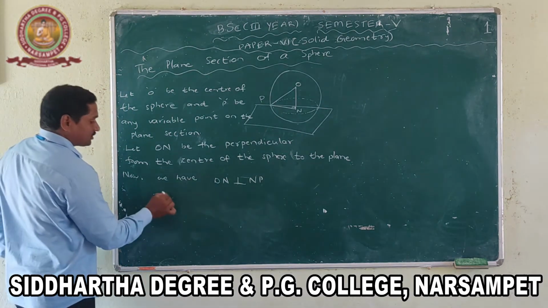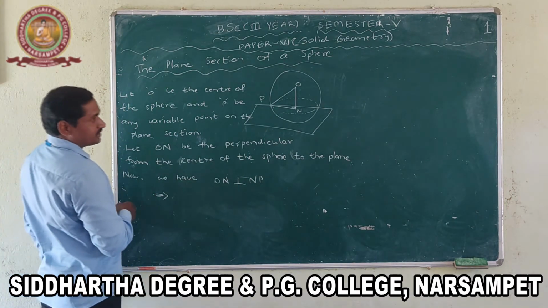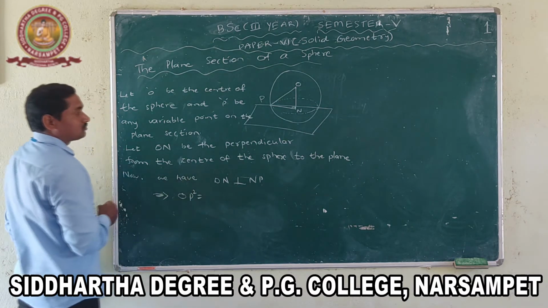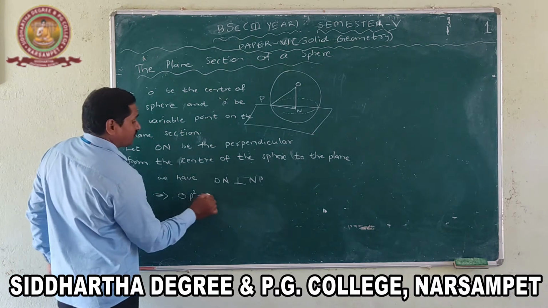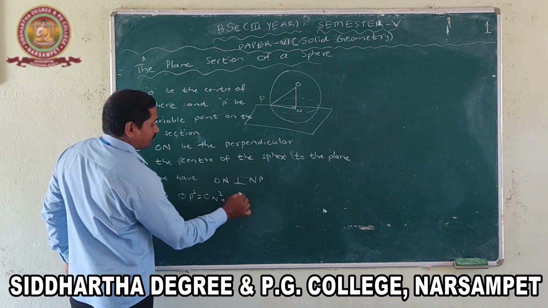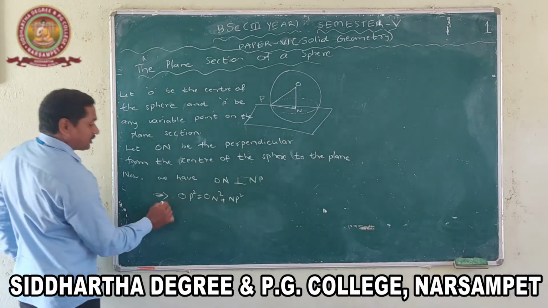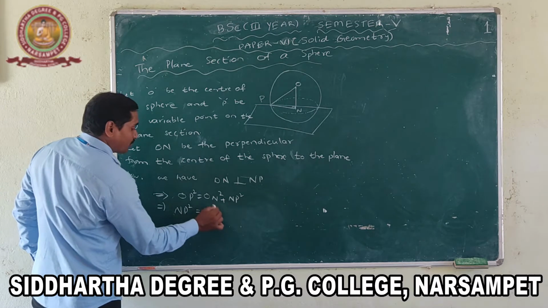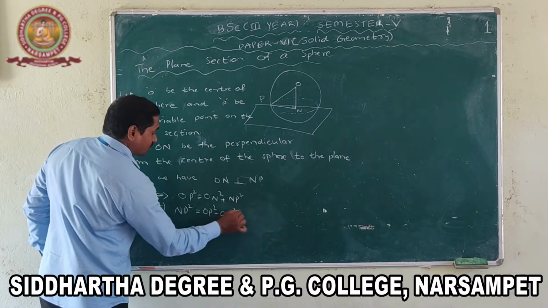Which implies that OP square is equal to ON square plus NP square. So from there, NP square is equal to OP square minus ON square.